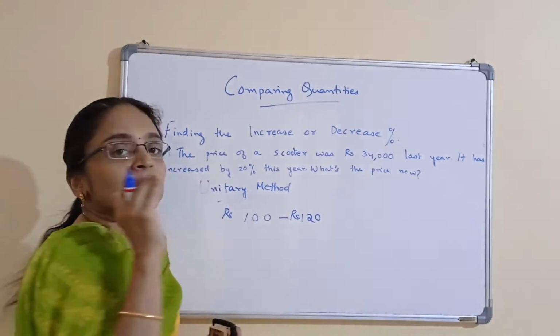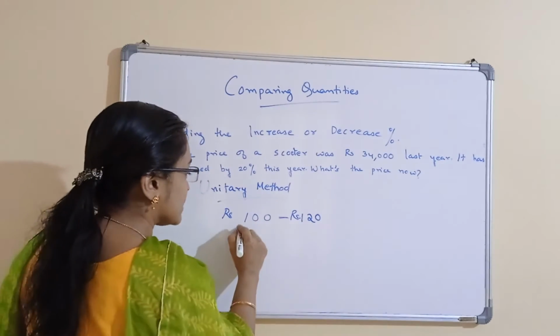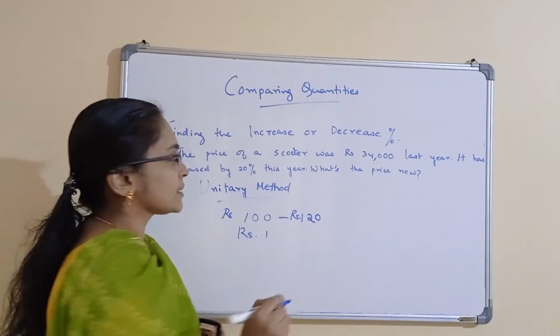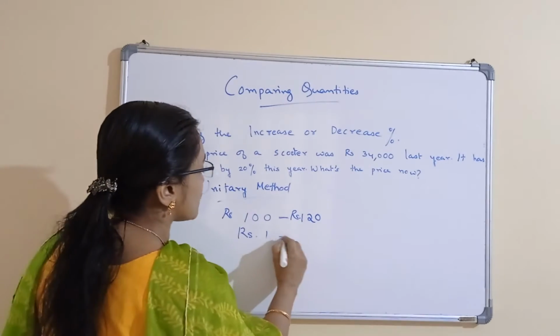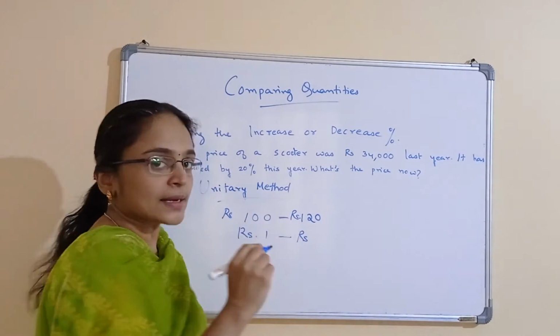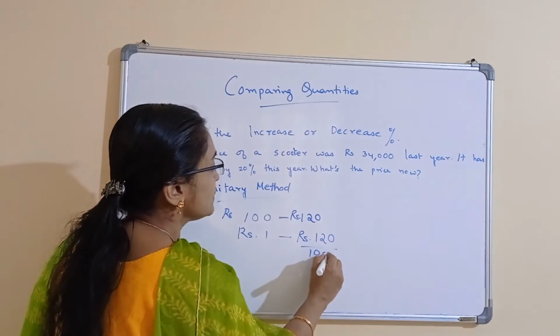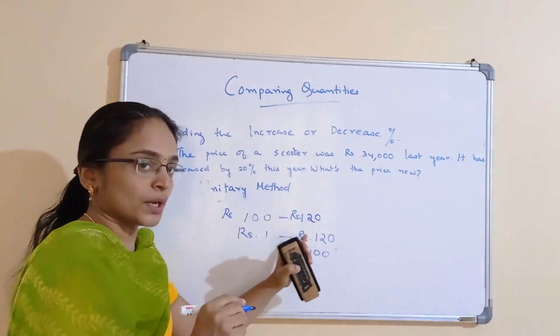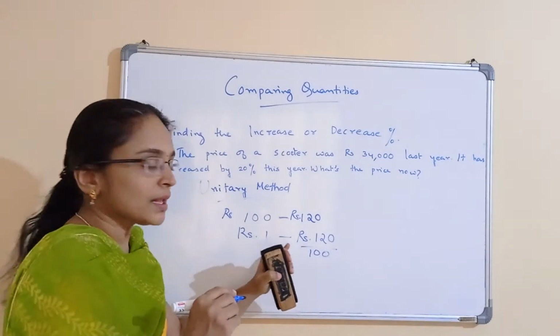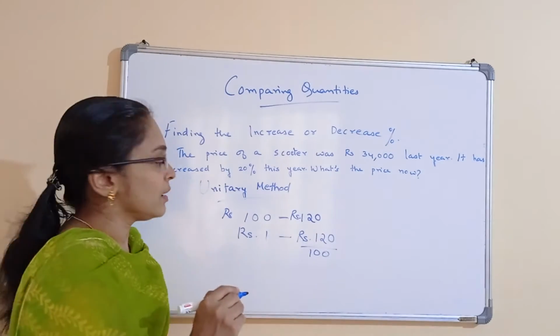So let us consider in terms of 1. If it is rupees 1, what will be the new price? It will be 120 by 100, right? If it is 100, it is 120 rupees. If it is 1 rupee, then it will be 120 by 100.